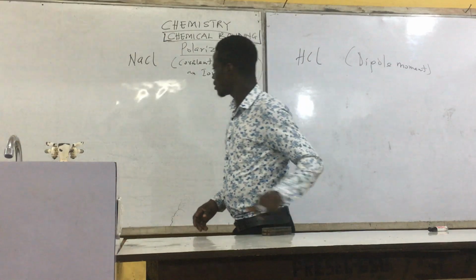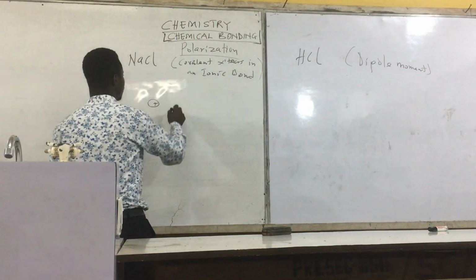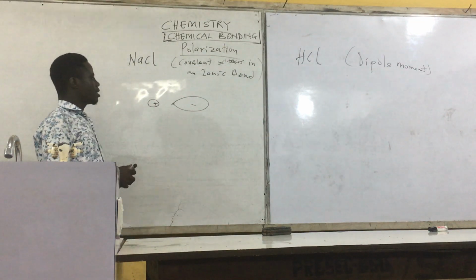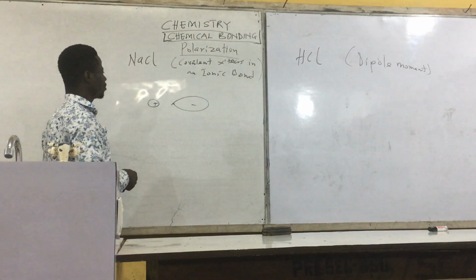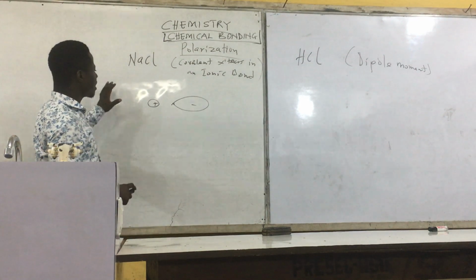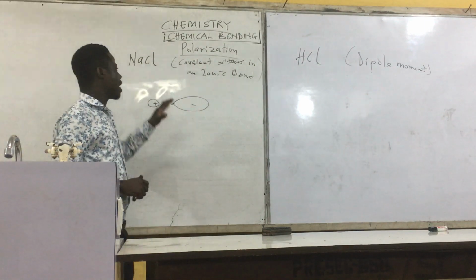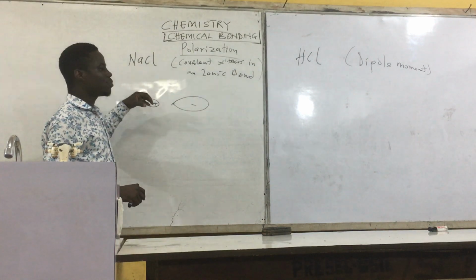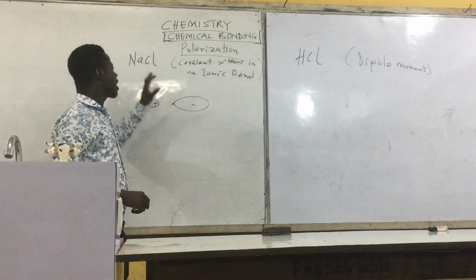So for instance, look at this sodium and this chlorine. These two are already ionic, but not 100% ionic. There is some sort of introduction of covalent nature in this ionic bond.